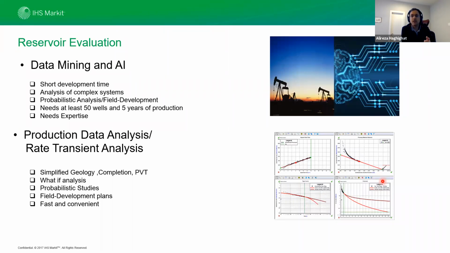How does a well test work? Typically it's a build-up test. You shut in the well, you measure the pressure, you analyze the pressure, and then you can come up with those properties. Rate transient analysis, which is very similar to well testing in math and concept, analyzes both rate and pressure together.